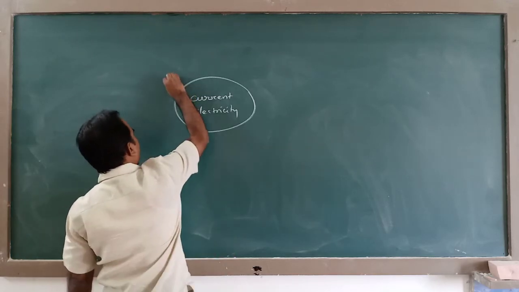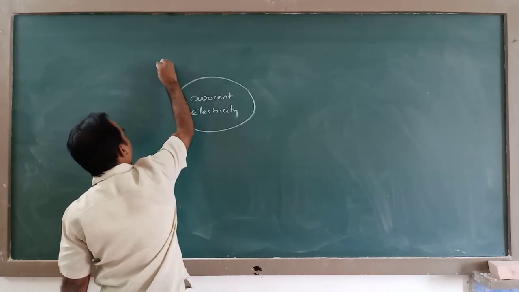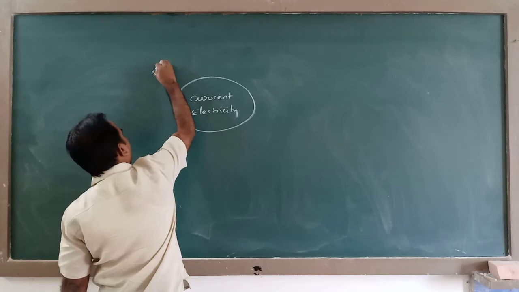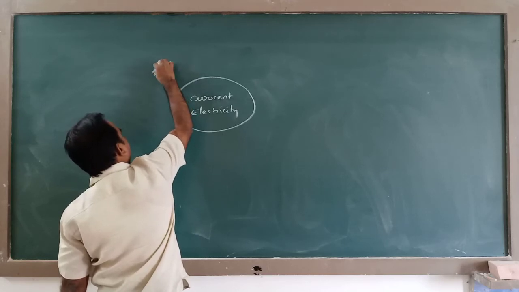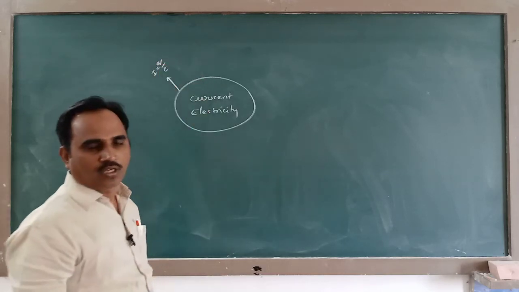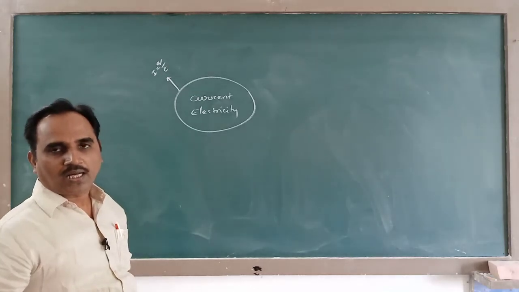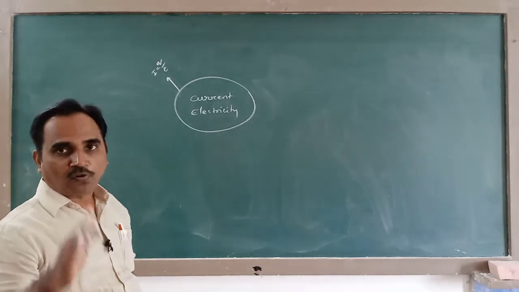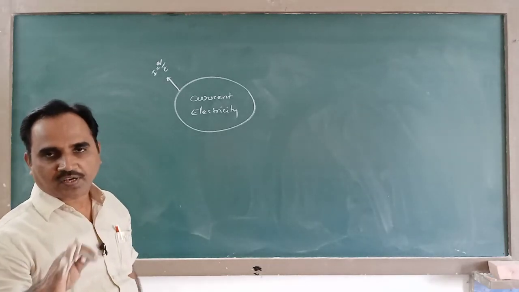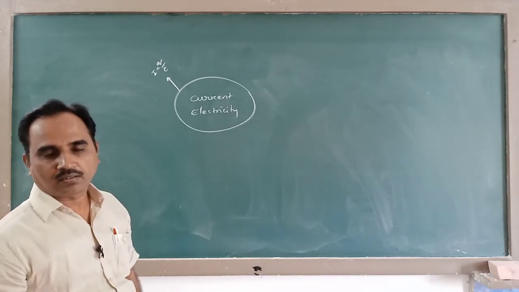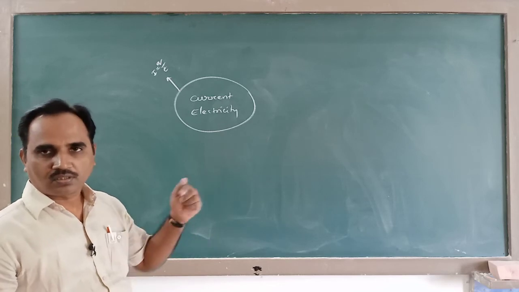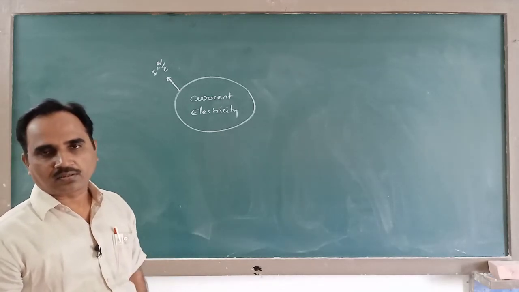First, you learnt about the definition of current. I is equal to Q divided by T. Time rate of flow of charge, or a net flow of charge across any section of a conductor per second, is a measure of electric current.